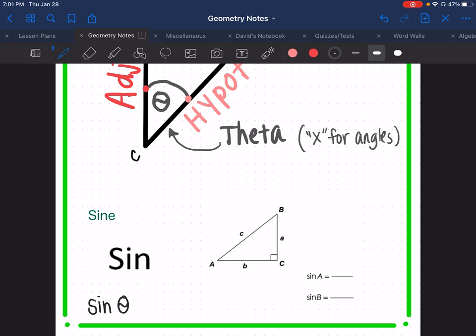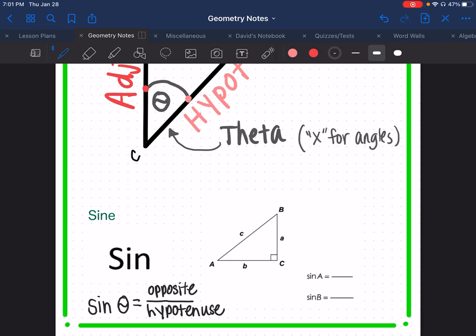So the sine of the angle is equal to the opposite side divided by the hypotenuse.